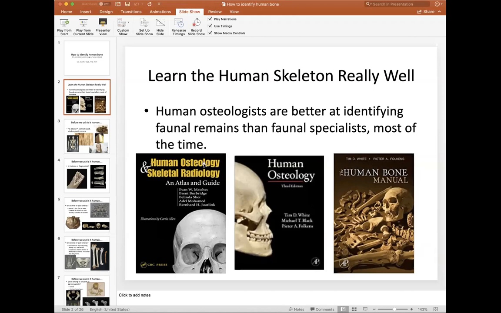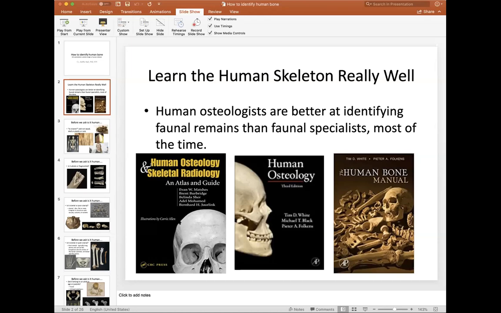Things like this tend to be cheaper, and this is one of the better atlas guides. If you want something cheaper, put in atlas guide and human skeleton or human osteology. These tend to be more picture focused. But as I said, making yourself familiar with what the bone looks like is the first hurdle of being able to identify human remains. It's just getting used to them.